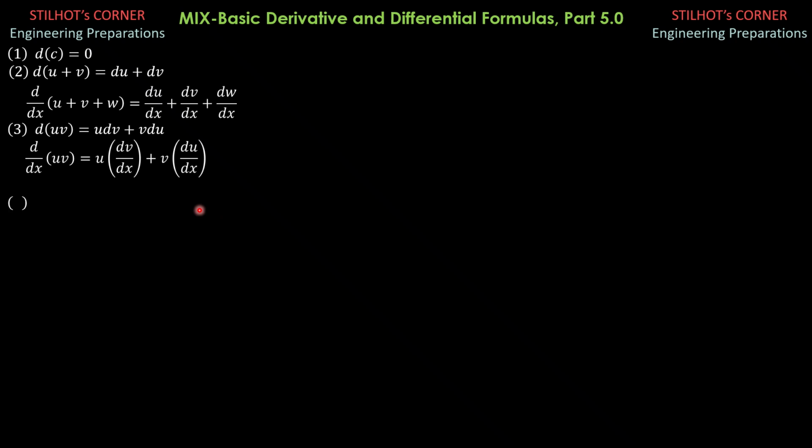Then the differential of a fraction u over v is denominator v times differential of numerator minus numerator times differential of denominator, all over denominator squared. So you have to remember this.